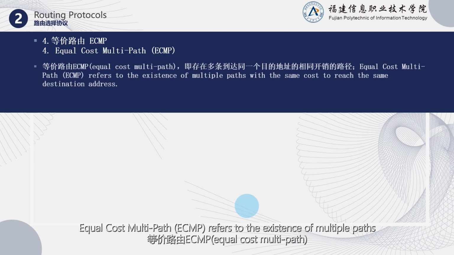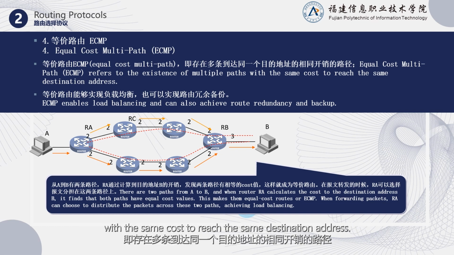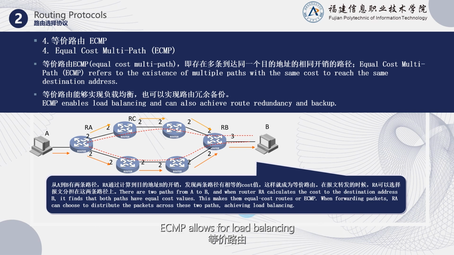Equal cost multipath, ECMP, refers to the existence of multiple paths with the same cost to reach the same destination address. ECMP allows for load balancing, distributing traffic across multiple paths, and also provides route redundancy and backup.